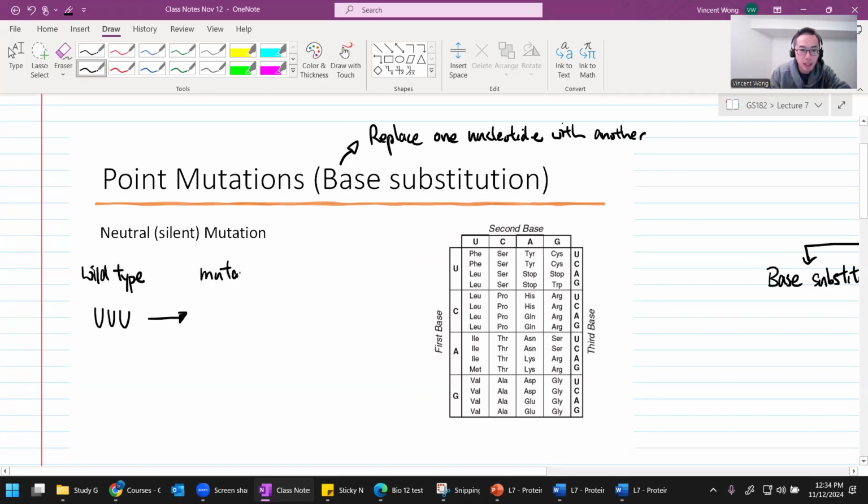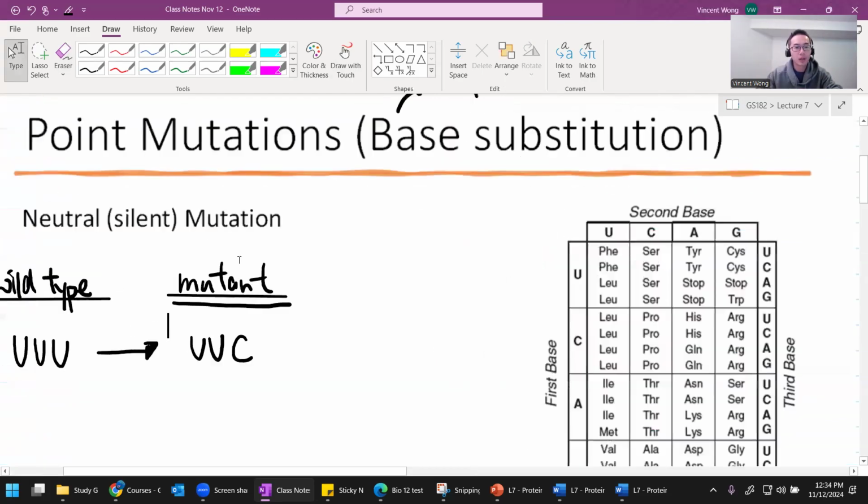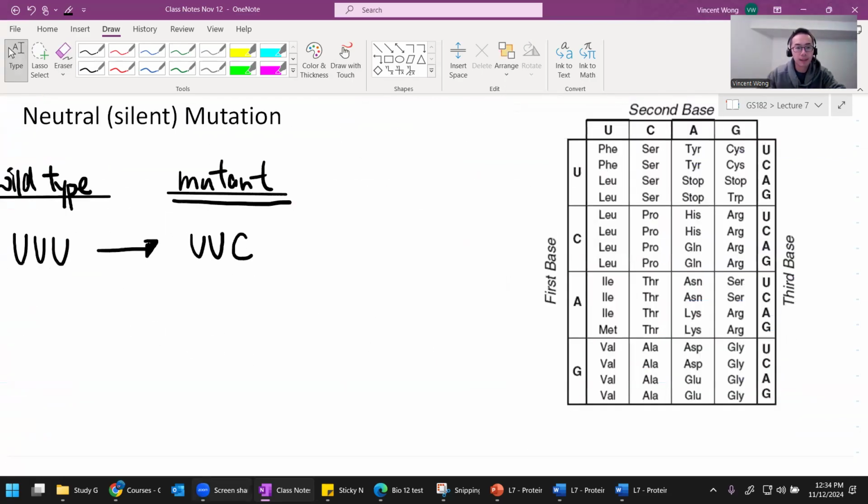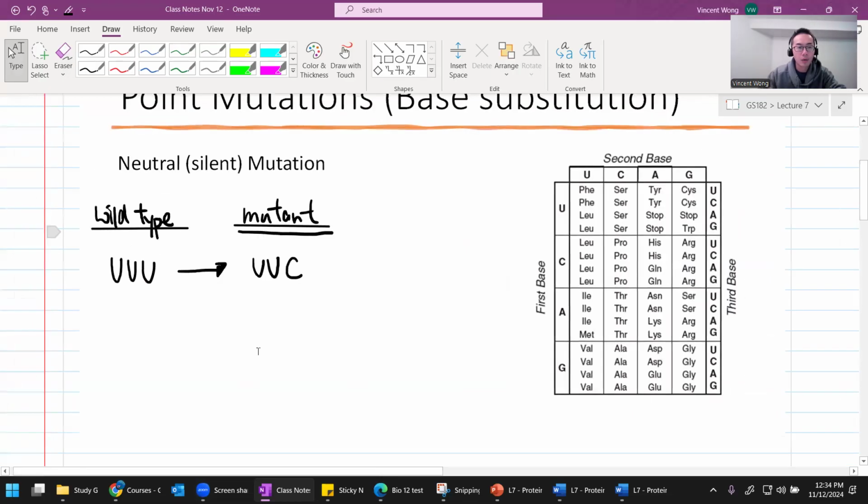So this is the mutant. It's mutated into UUC. Please take a moment and look up UUU and UUC on the codon chart and tell me what amino acid they code for. Anybody?